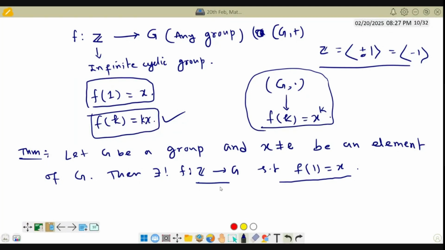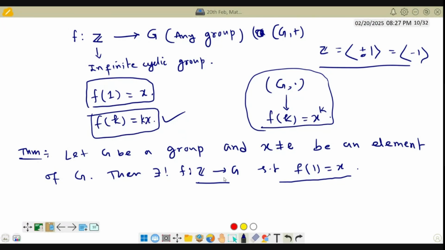Excuse me, sir, I cannot understand the theorem. If G is any group and we take any non-identity element x from G, then there always exists a unique homomorphism f from Z to G such that f of 1 is equal to x.